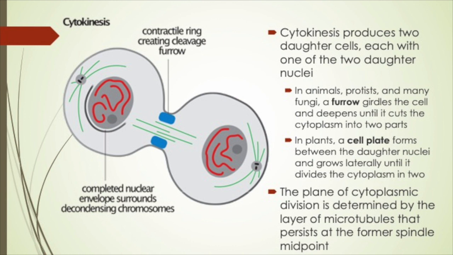In animals, you have a contractile ring forming between the two cells. That creates a cleavage furrow. Okay, that cleavage cleaves the two cells apart. In animals, it has a furrow girdling the cell that deepens until it cuts the plasma membrane into two parts.